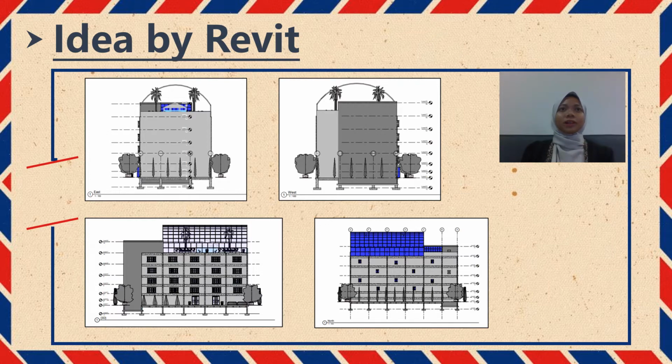So we use several types of plants on top of the roof, and we also add several plants on the down floor, so that it looks not so rigid. We also use a type of glass on the rooftop to make it larger in area. So this is our overall look on all elevations.